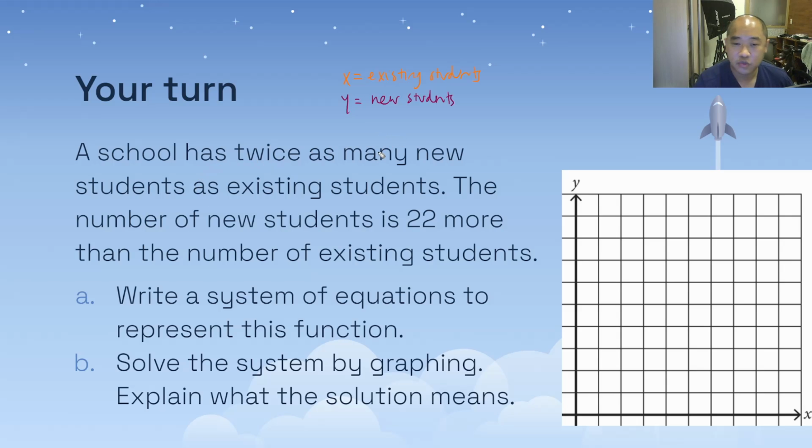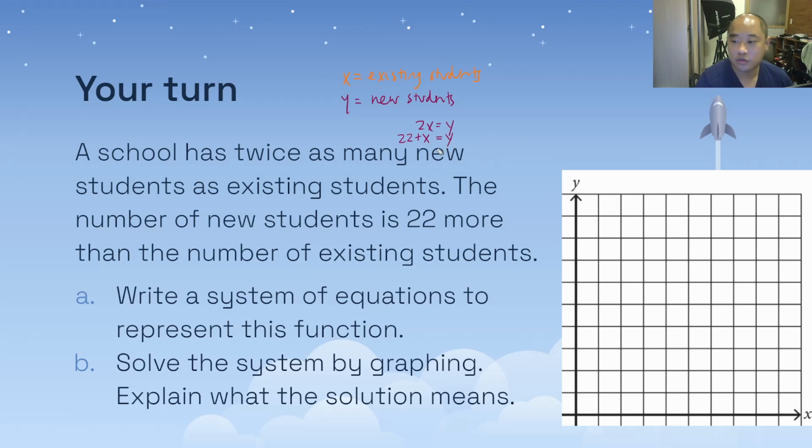So a school has twice as many new students as existing students. So there's more new students than existing students, right? More new students. So we're going to take 2 times our existing students to get our number of new students. The number of new students, Y, is 22 more than the number of existing students.